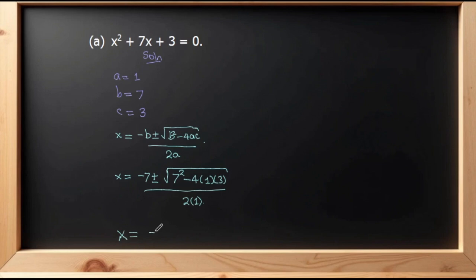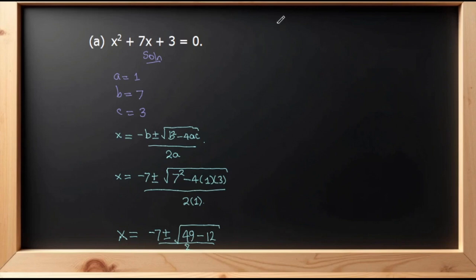Now from here we can go ahead and start simplifying the values inside this square root sign, where 7 squared is 49, and when we multiply 4 by 1 we get 4, by 3 we get 12. So we divide this by 2.